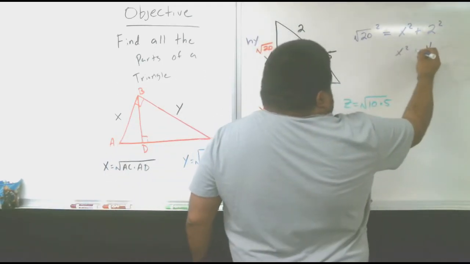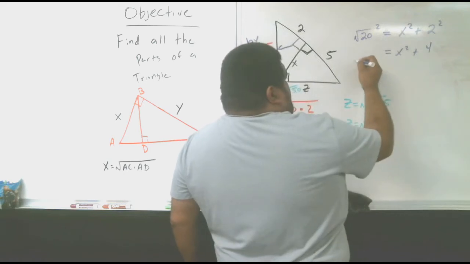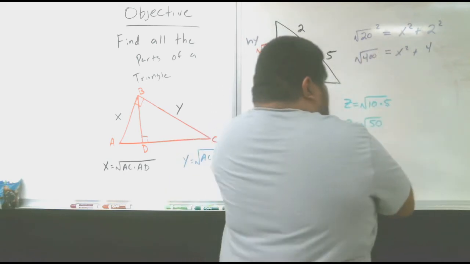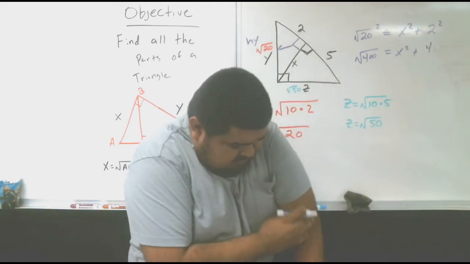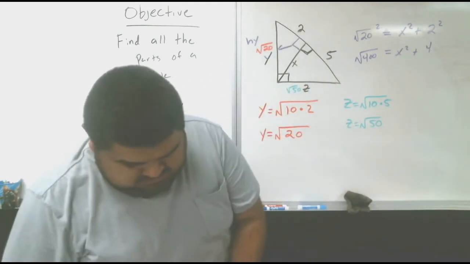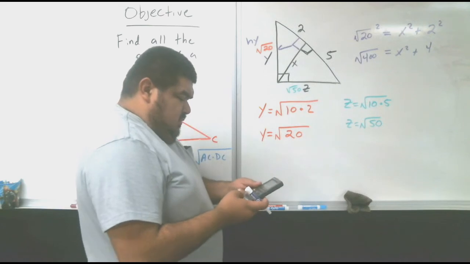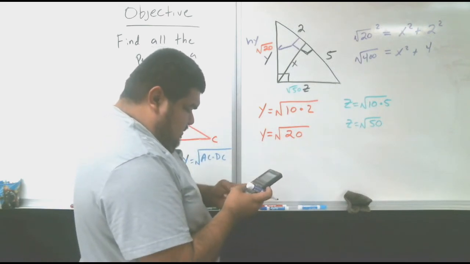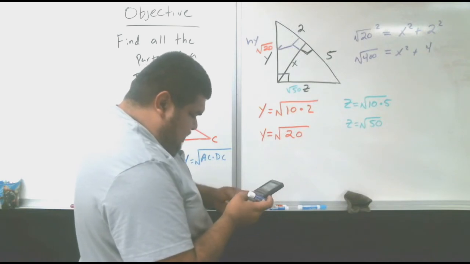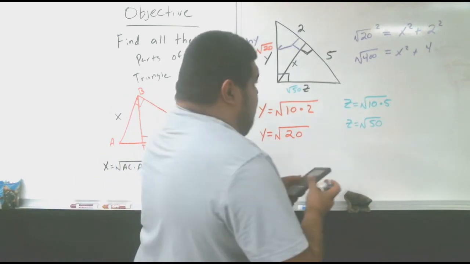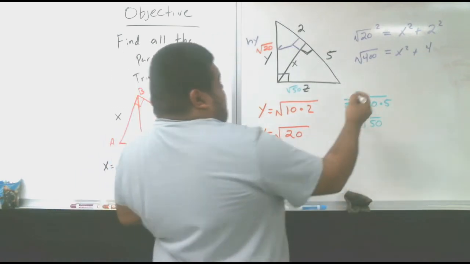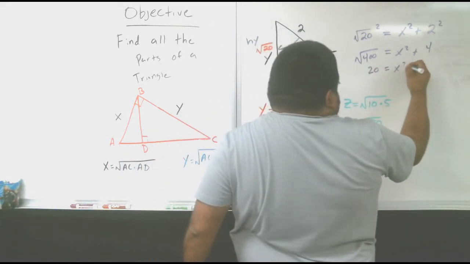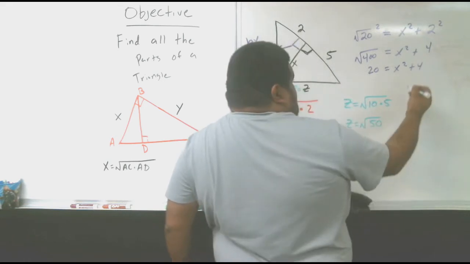We have x squared plus 4 equals radical of 20 times radical of 20, which technically is radical of 400, which is 20. So 20 equals x squared plus 4.